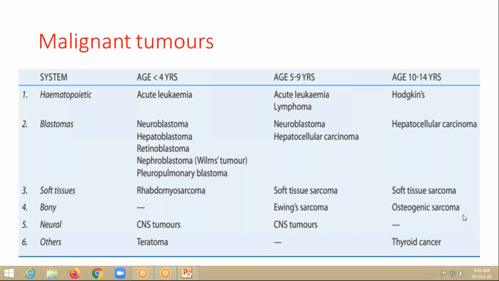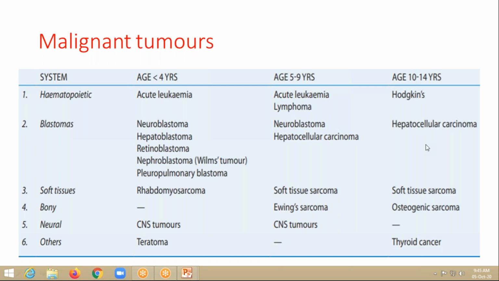So osteosarcoma is the bone tumor we encounter in the late childhood age group, 10 to 14 years. And thyroid malignancy is rare but we see it in the younger age group. So these are the malignant tumors we encounter in infancy and childhood.